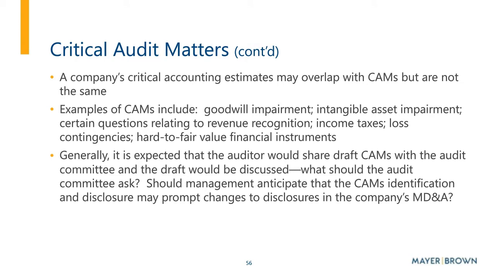So certainly still time for audit committees to engage in active discussion with independent auditors about CAMs, to ask questions regarding how the CAMs disclosure included in the audit report might compare to the critical accounting policies that are included in a company's MD&A.